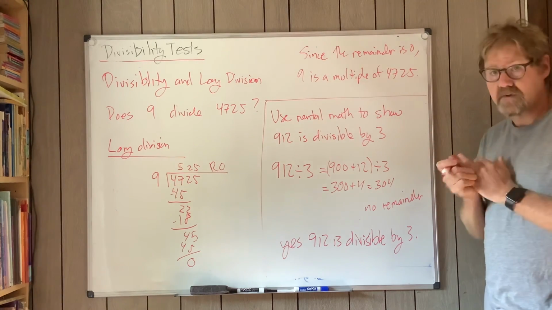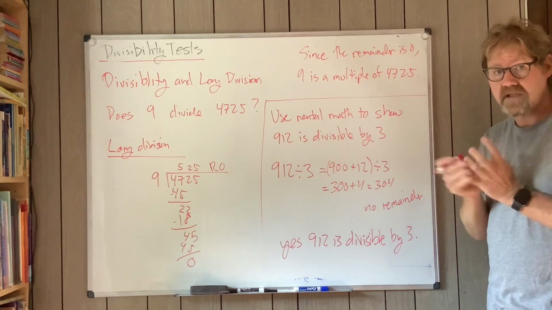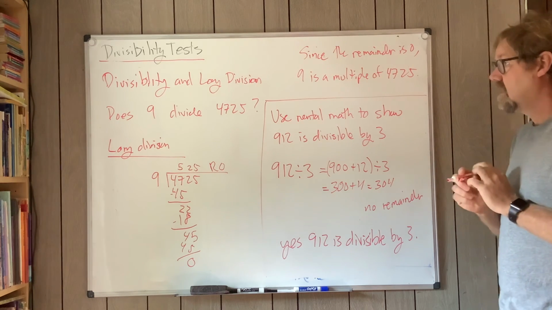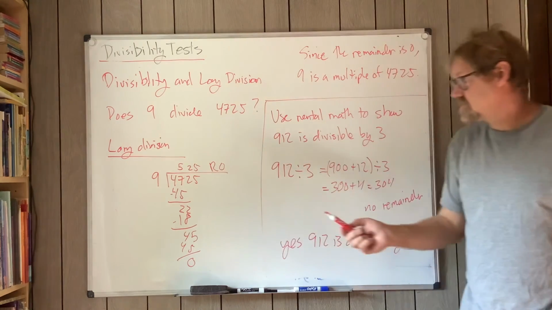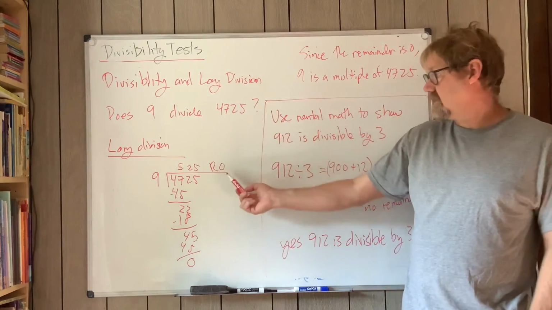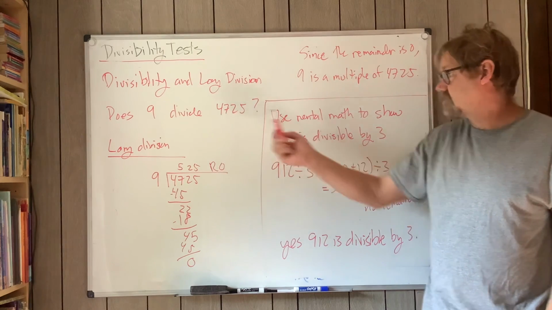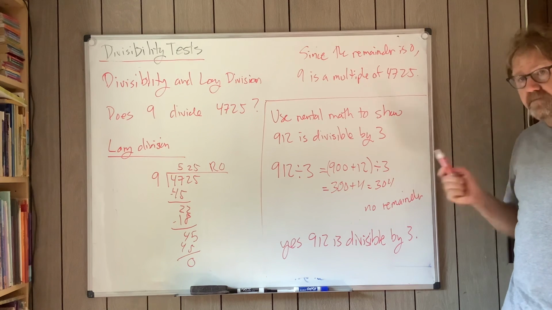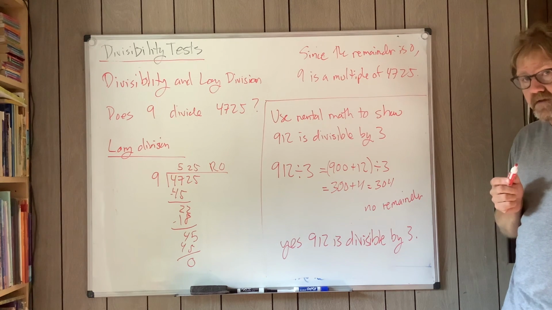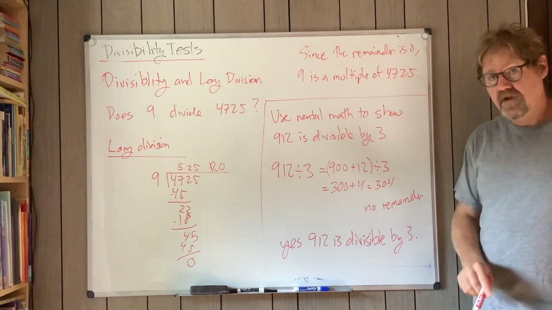We talked about grids and making a grid to show divisibility. And then once the numbers get bigger, doing a little bit of long division to show things. And the big key thing is that there's no remainder if things divide evenly. And this shows a little bit of mental math on that. Okay, so that wraps up this video.